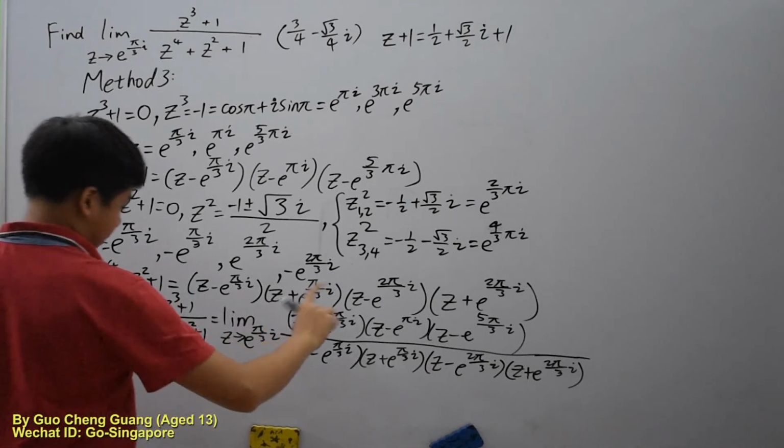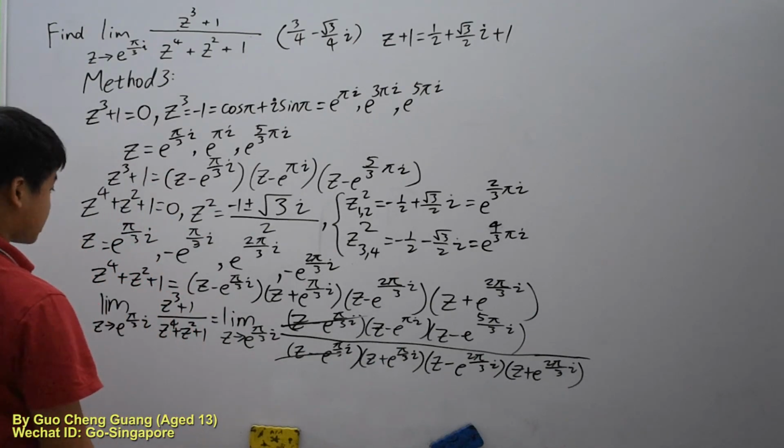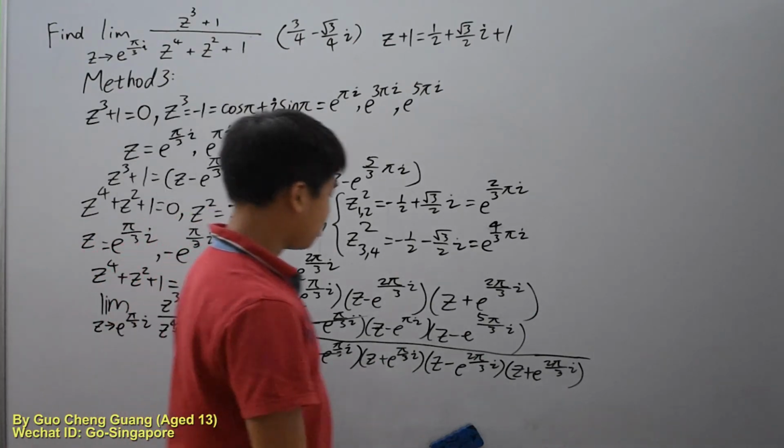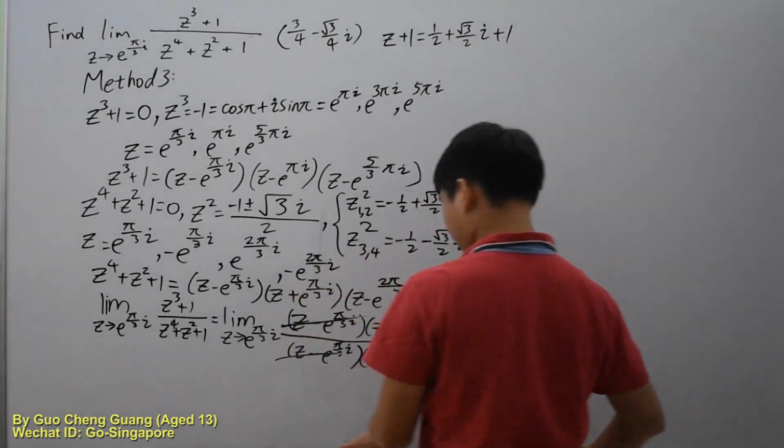And for this part that makes it 0, if you realize it, you can cancel it out. So from this part that you're going to get, well, probably not enough space over there.